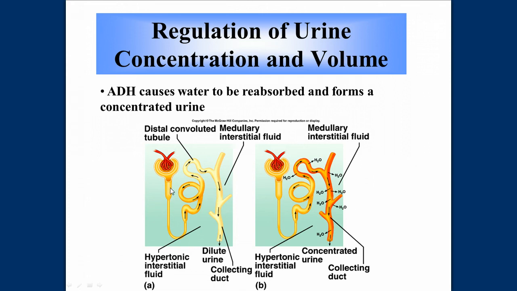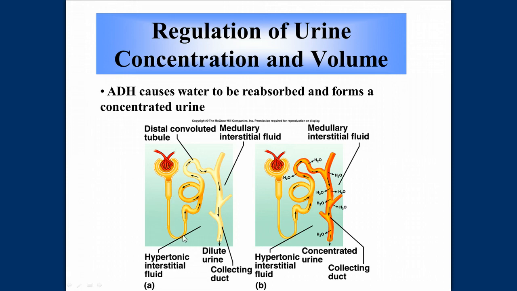So here in the proximal convoluted tubule and in the descending limb of the nephron loop, water can pass out, okay? And it does. If you're losing sodium here, water's usually going to move out with the sodium, and it can be reabsorbed by the peritubular capillaries.